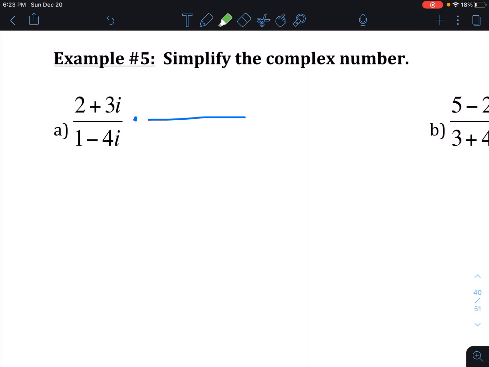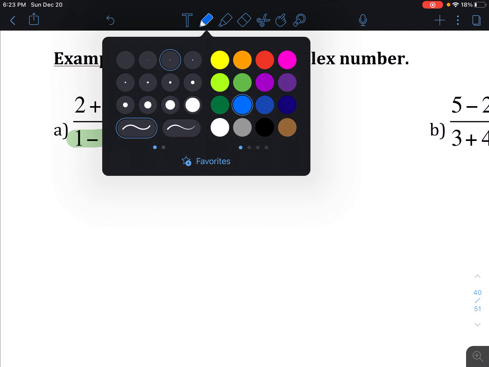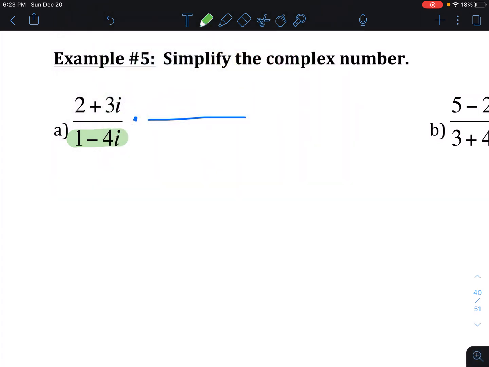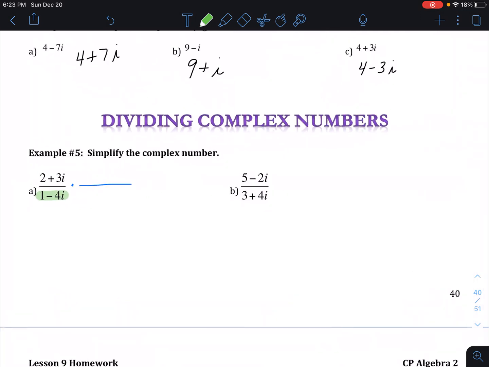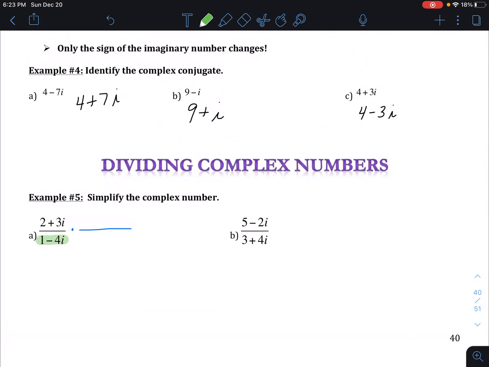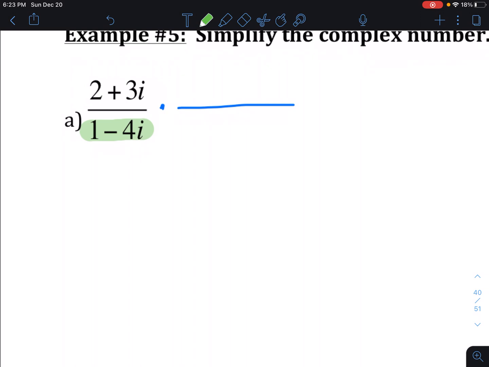And to decide what it is, we look in the denominator, 1 minus 4i, and the complex numbers that we're going to multiply by are the complex conjugate of 1 minus 4i, which we learned back here on our previous lesson. It's just switch the sign.